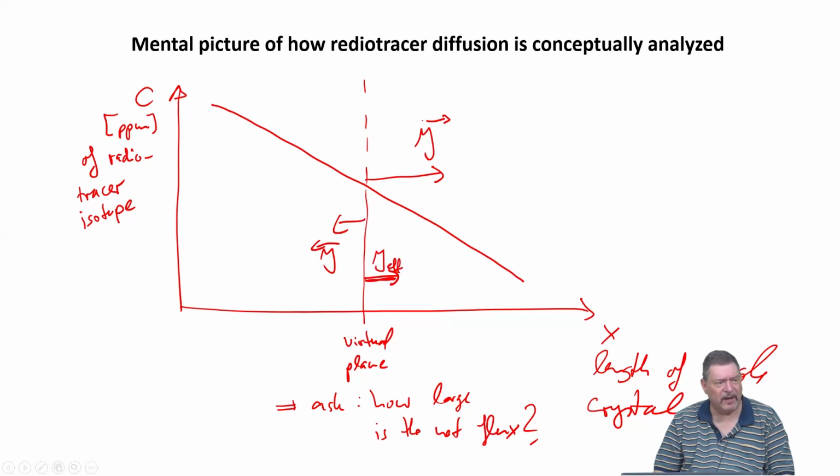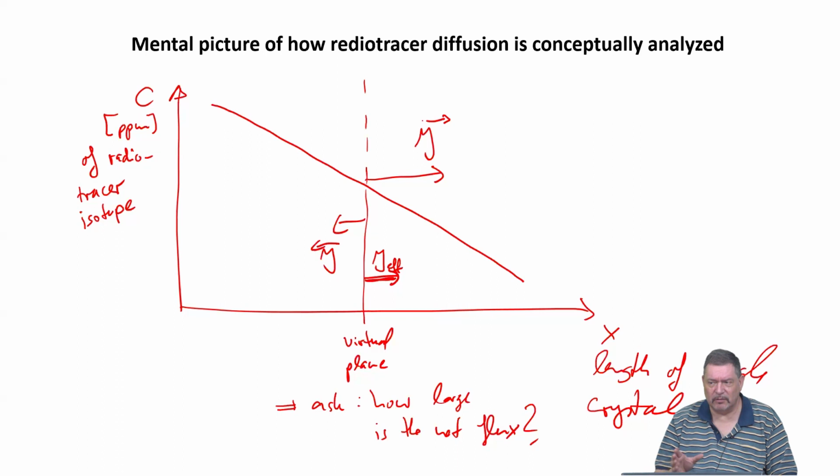how large is the effective flux that we measure, and then we can again apply fixed diffusion equations by treating it as if we would have a concentration difference of a different type of element, and then you have the driving force, the chemical potential gradient, driving the diffusion of this species into the material.